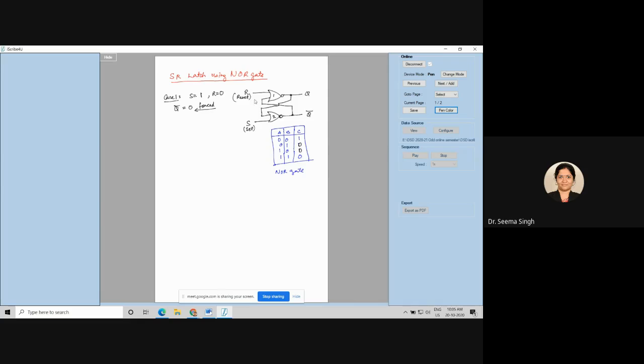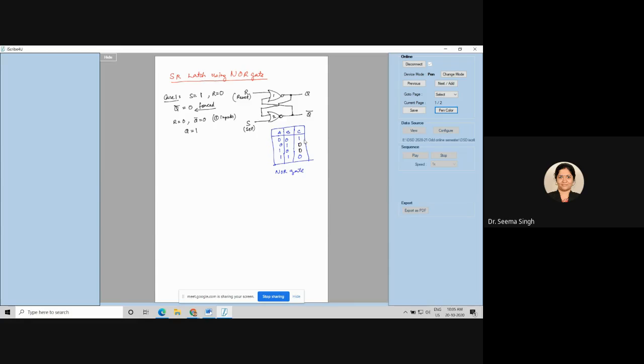Reset is also 0. So 0 and 0 will make Q as 1. So your R is 0 and Q bar is 0. These are the first NOR gate inputs. Seeing the truth table, if first NOR gate input is 0 0, output becomes 1. So then Q becomes 1, right?